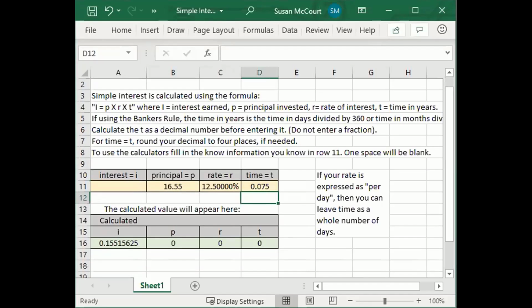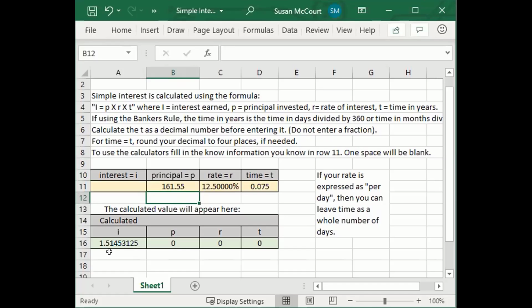So that tells us it's... I'm missing something. My principal's wrong, that's why. 161.55. I knew that number was too small. So now it's $1.51 that she pays in interest first.